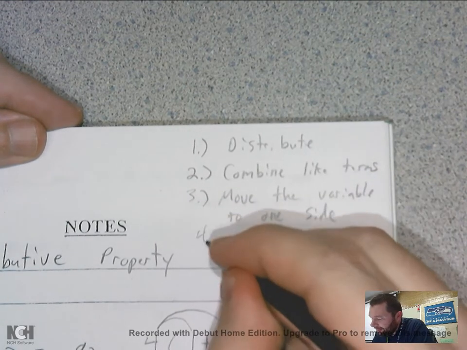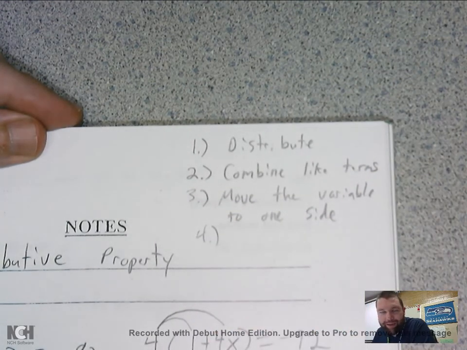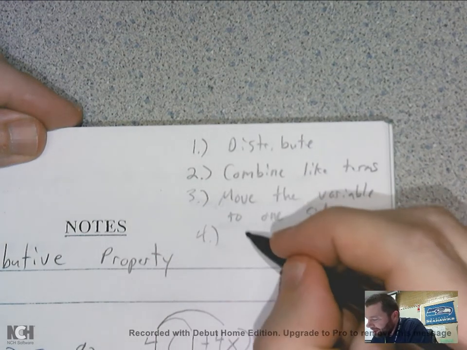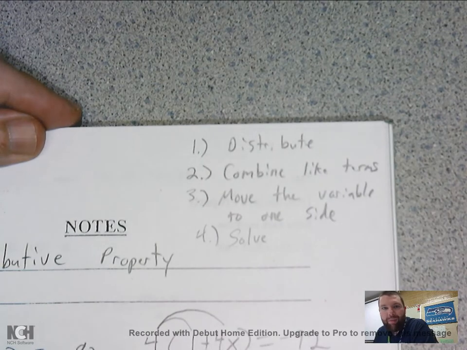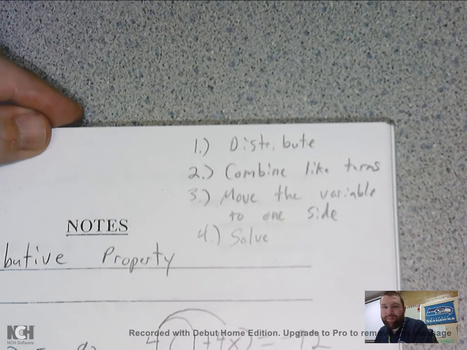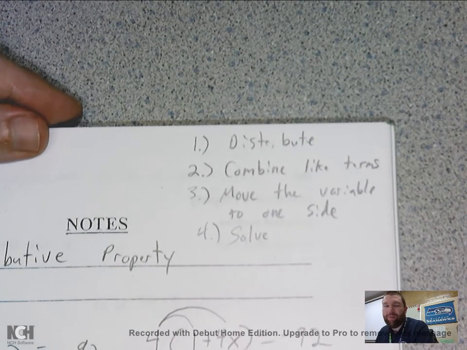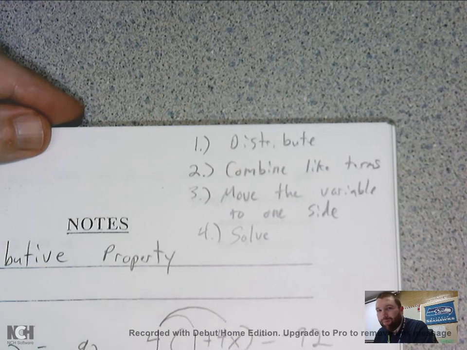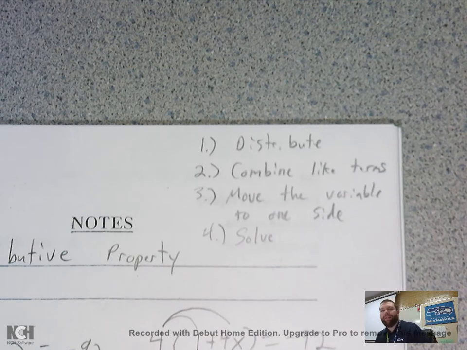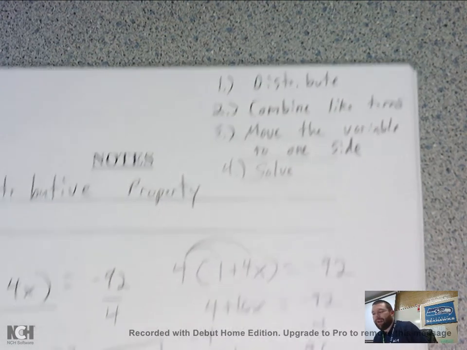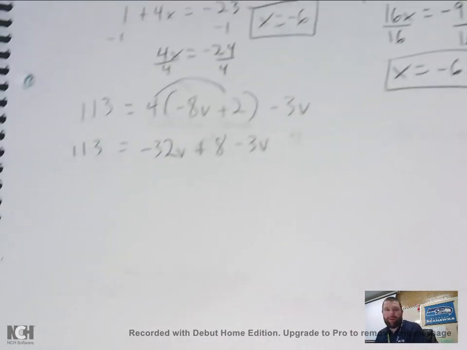And then the last step, if you do those first 3, generally what's left is just a 2-step equation. So you just solve the party problem. Okay, those are the 4 general steps you kind of try to follow with multi-step equations. Obviously, as problems get more advanced, you might have to look at it a little bit differently, but those are the steps that I generally try to follow when I'm solving a multi-step equation.